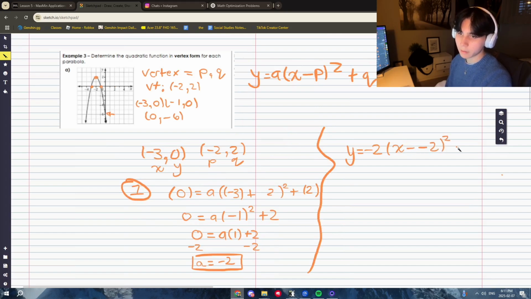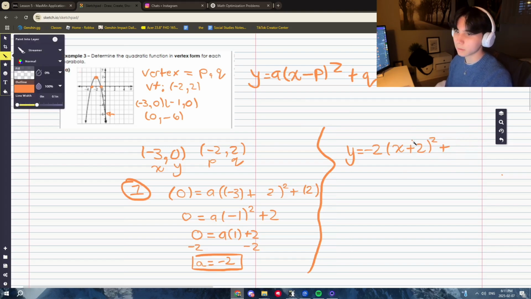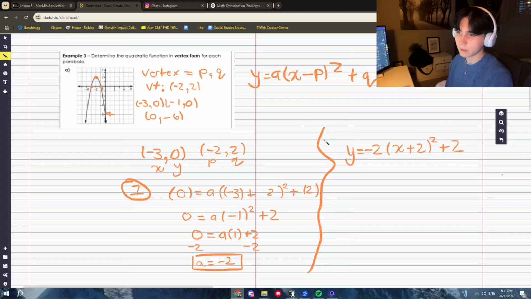And remember that the rule applies when you're subtracting by a negative, you're just going to be adding. So we can simplify that to x plus 2 squared plus what we got for our q value, which is 2. And this should be your final equation.